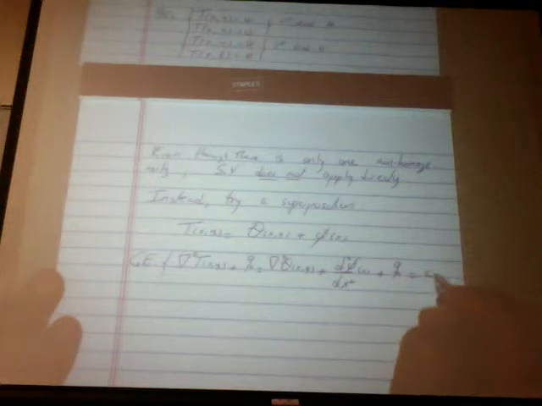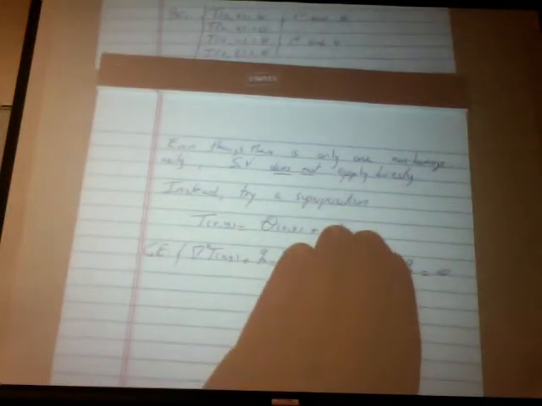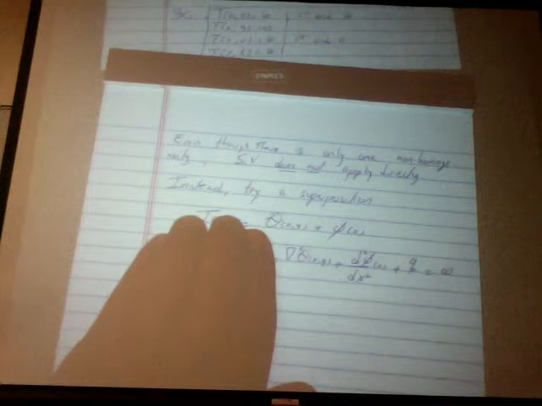It's just a second derivative with respect to x, plus q0 is equal to 0. Right? So the governing equation, which was this, can now be broken up into this.